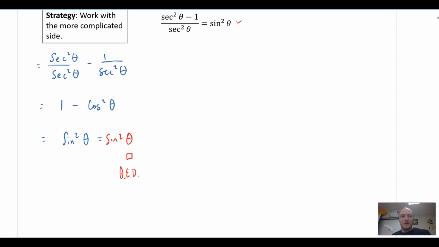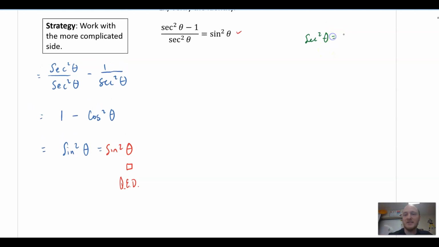Another method that we can go ahead and do, which I'll go ahead and do over here in green, is I can start outright with a Pythagorean identity, okay? And if we have secant squared theta, okay, again, with our Pythagorean identities, this is 1 plus tan squared theta.